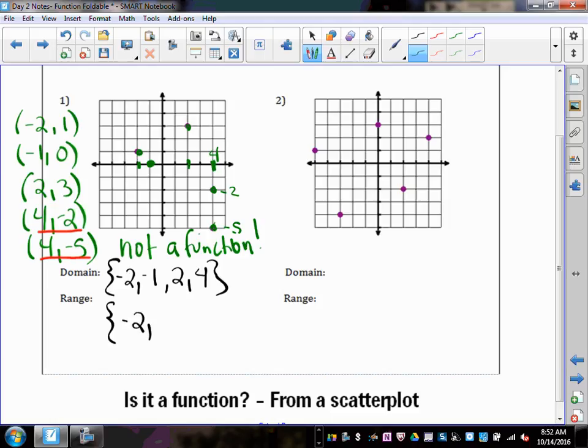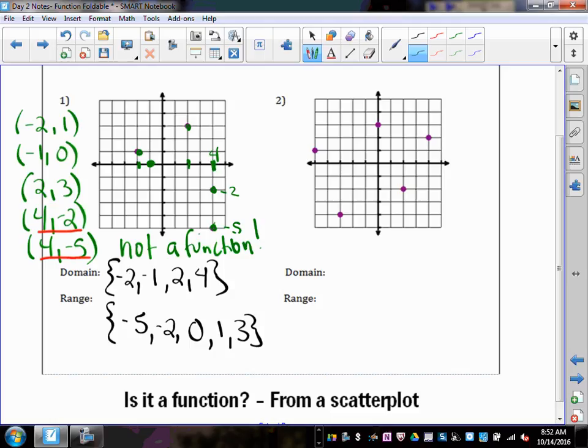Oh, we lost our negative 5, didn't we? I'm sorry. Let's stick our negative 5 in there first, since that is a smaller value. Negative 5, negative 2. Good, 0. Good, 1. And 2. Did I label that wrong? 3. No. Sorry. Good.